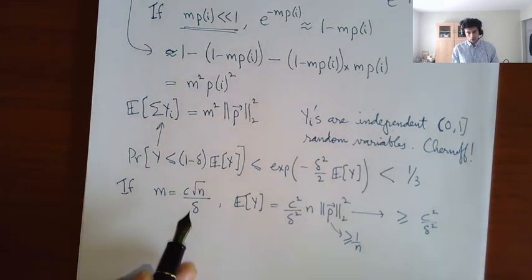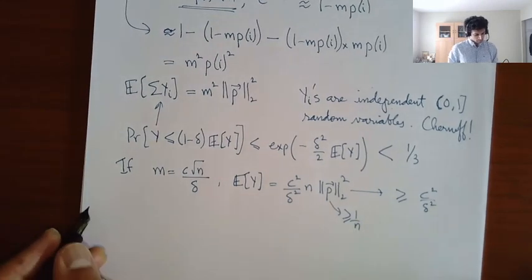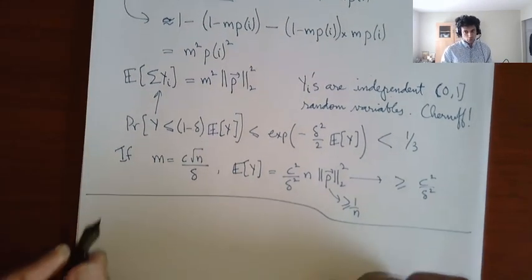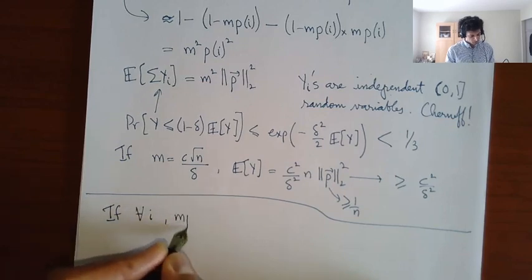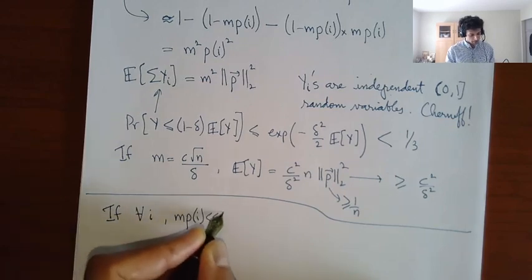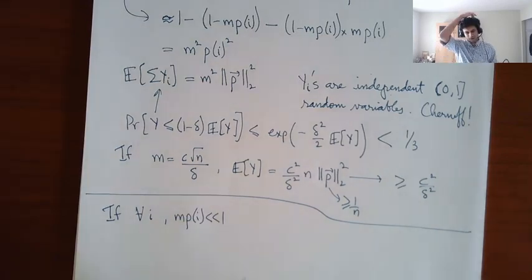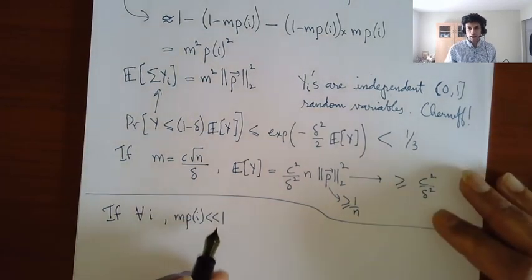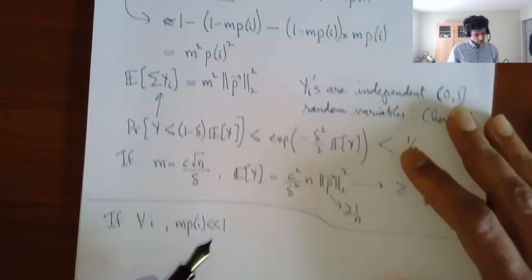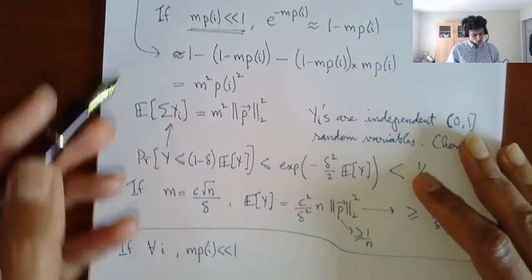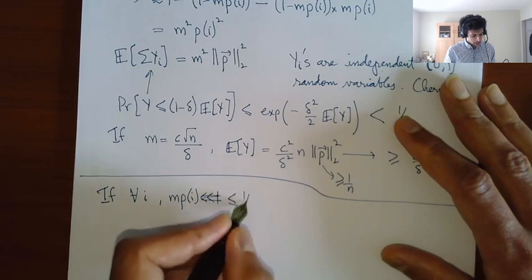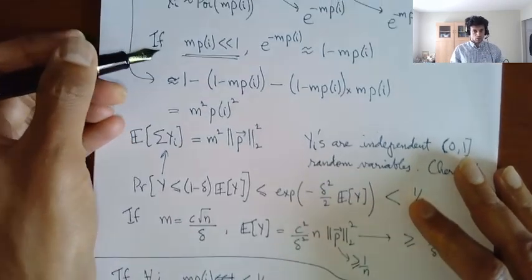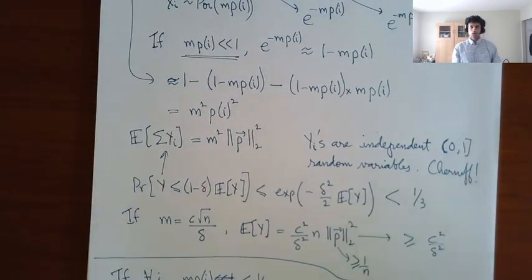Okay, so just putting it all together, I'm saying if for all i, m times pi is sufficiently small. Now, I'm not being very precise here, but essentially you can get this to work if MPI was, I think, less than or equal to a half. Then you can get all of this analysis to work out.